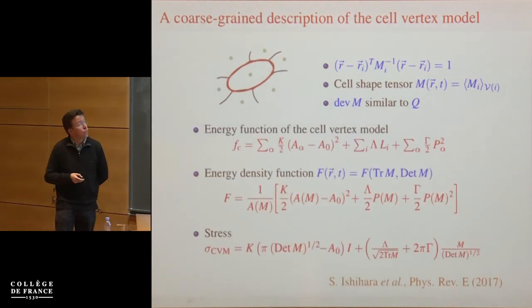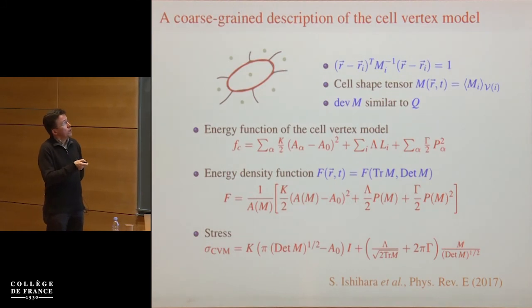Then what we do is start from the energy function of the cell vertex model with an elastic modulus, with a line tension, and with here an elastic component related to the perimeter, and coarse grain, replacing the perimeter of one cell by a coarse grain version, and the area of each cell by a coarse grain version.